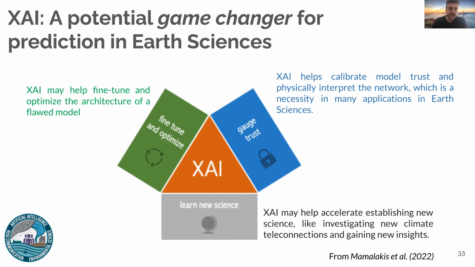We can calibrate our trust to that model. We can gain insight about how it makes decisions. And based on this insight, we can assess whether or not we should trust that this model will be equally well performing if applied in an out-of-sample prediction task.